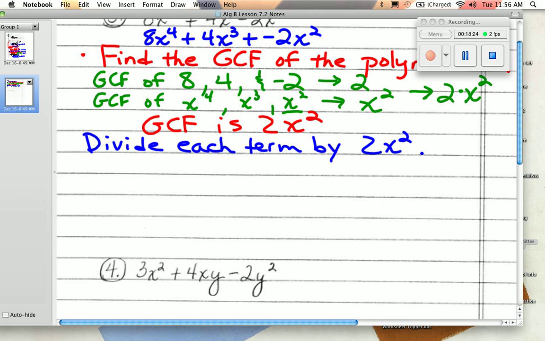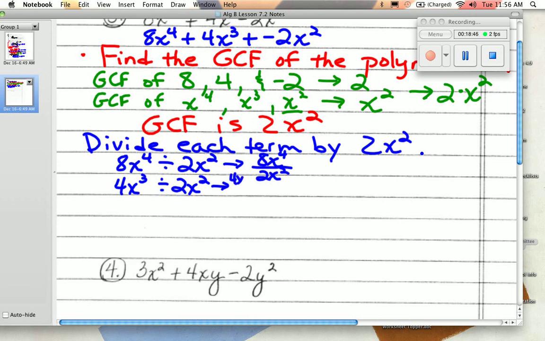So we take our 8x to the 4th and divide that by 2x squared, and you like it written as fractions, most of you. And we need the 4x cubed divided by 2x squared. Then we take the negative 2x squared and divide by 2x squared.